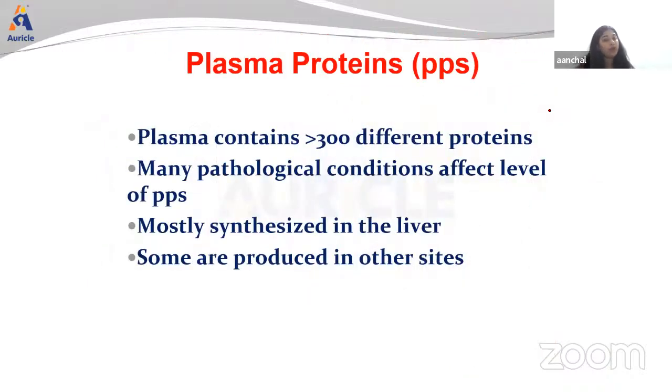Now, as we know, plasma proteins are more than 300 different proteins, and many pathological conditions affect the level of these plasma proteins. They are mostly synthesized in the liver, and some are produced in other sites also, like some are produced by plasma cells also.